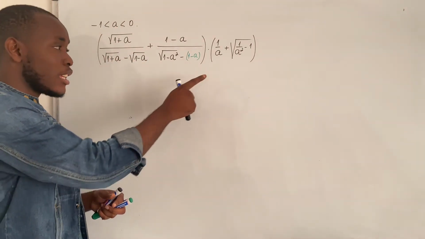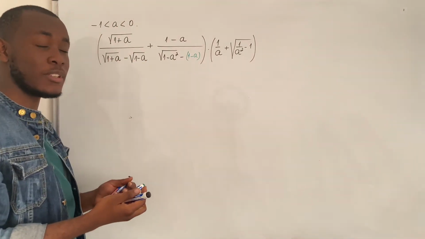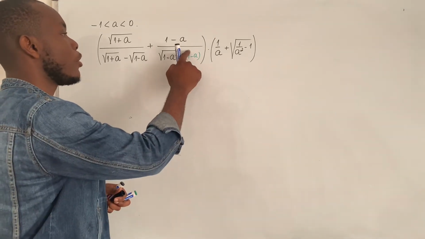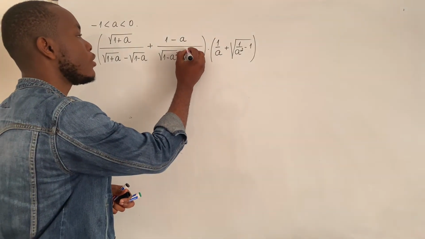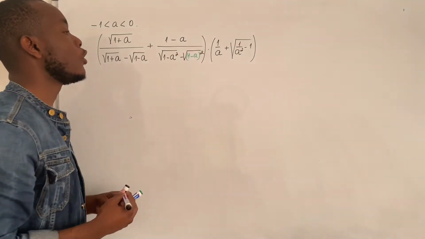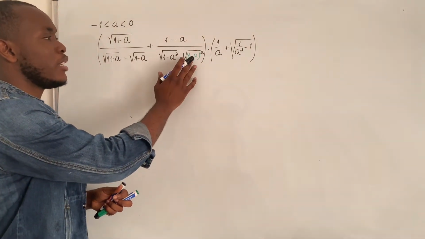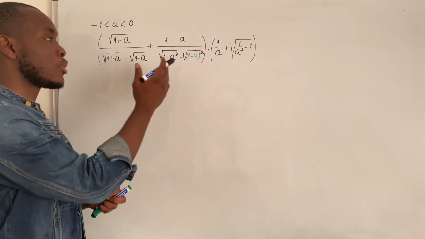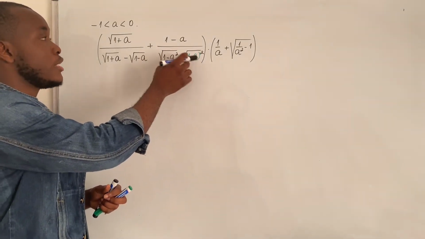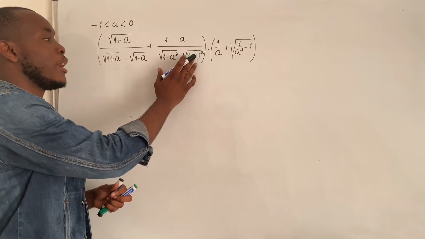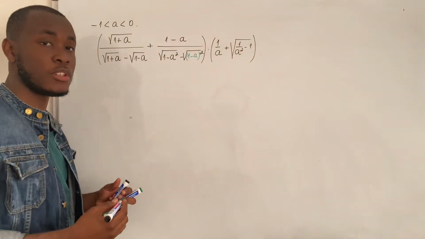So if a is negative, that means minus a is a positive number. So that means there is no problem if we implement square root 2 and we say to the power 2, because they can easily be simplified and 1 minus a won't be affected because it's a positive expression. Since a is less than 0 and minus a, now it means that it's positive, right?